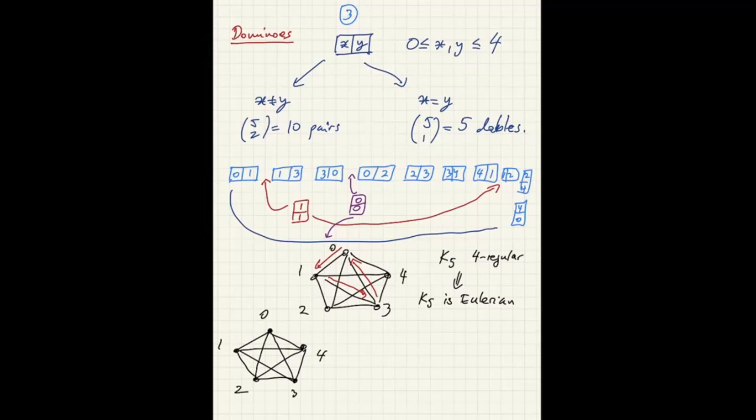So that's one example of an Eulerian circuit, and that generated this arrangement of domino pieces.